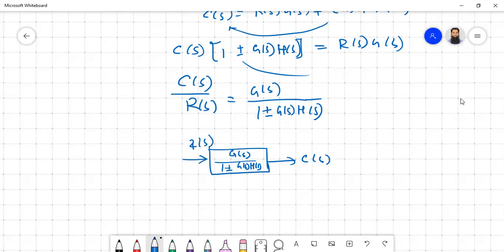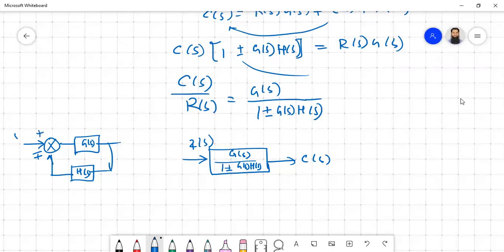Now, whether you noticed or not, we had a system something like this, G(s), with a feedback which was negative or positive, H(s), and R(s), C(s). So if the feedback is negative here, then you will have a positive sign here.